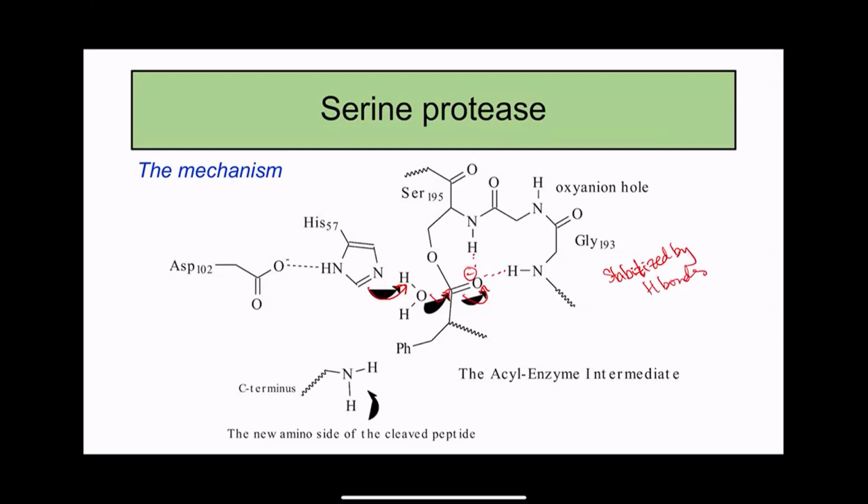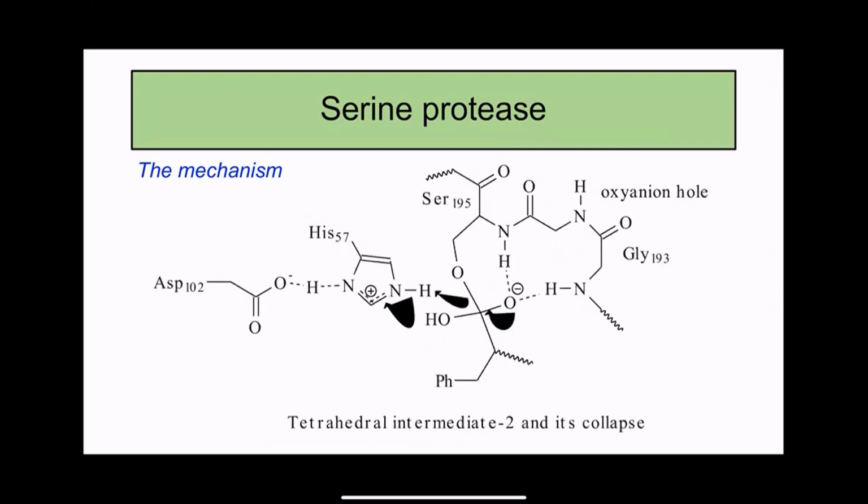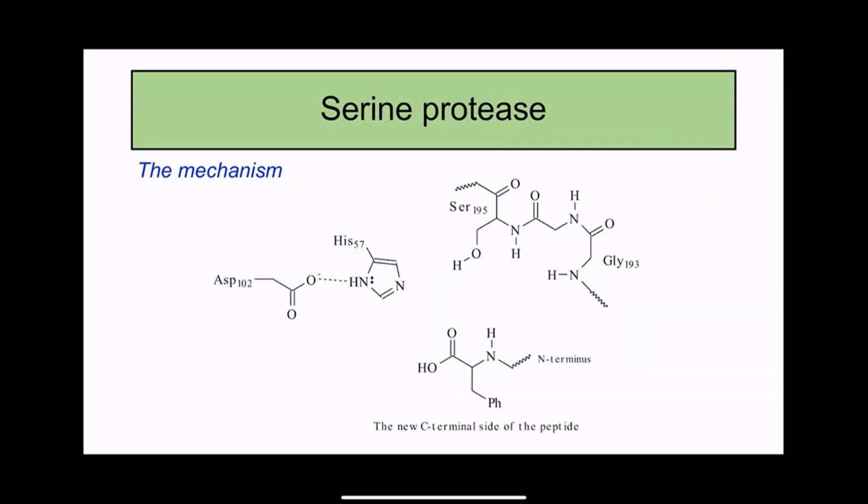And then your last step of this mechanism is to send these electrons back down so that you can cut off your C-terminus. So then that is how you get your pieces from that serine protease enzyme.